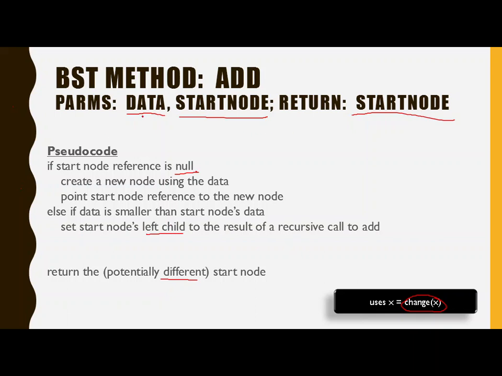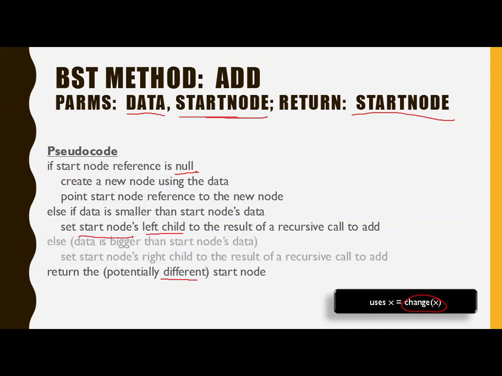Well, what are you going to call it with? The same data, but you're going to call it with start node.left because you're following the left child. That might return something new, so you need to reassign it when it comes back. x = change(x). Else, it must be the right child.